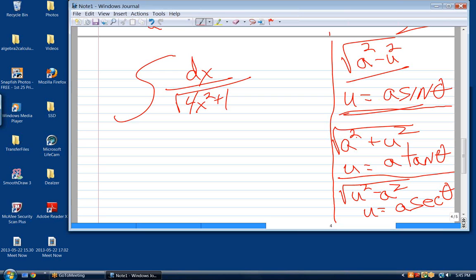When we have square root of a squared plus u squared, which looks pretty familiar, we're going to let u equal a tan of theta. So that's our first step. Let's let u equal a tan of theta. What's a? 1. And what's u?